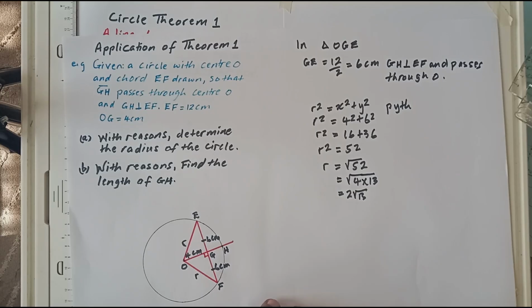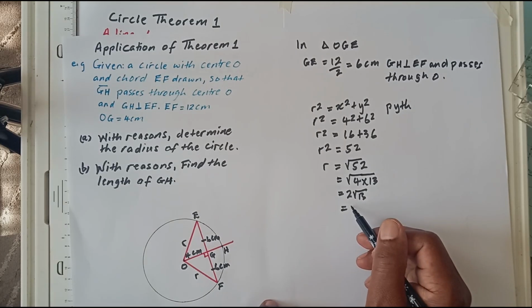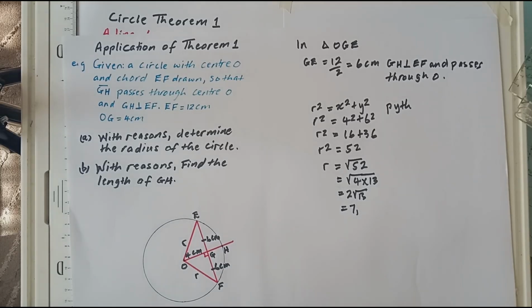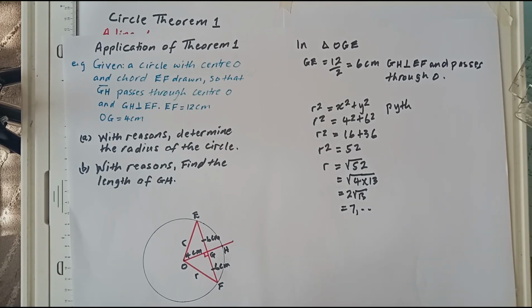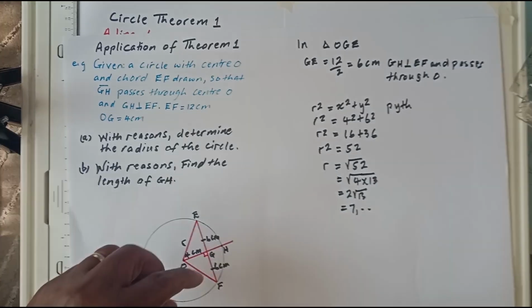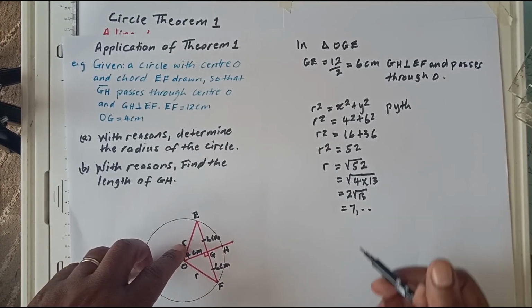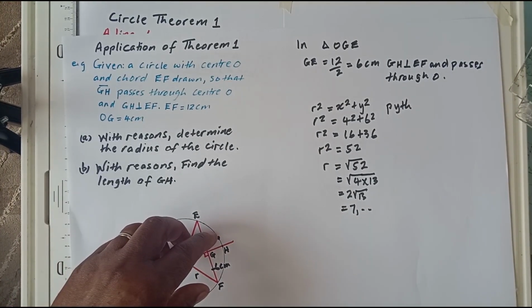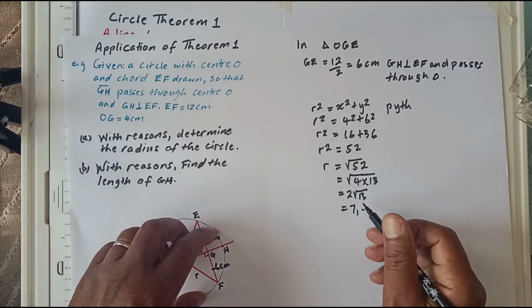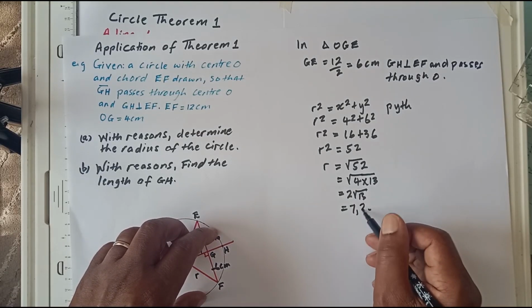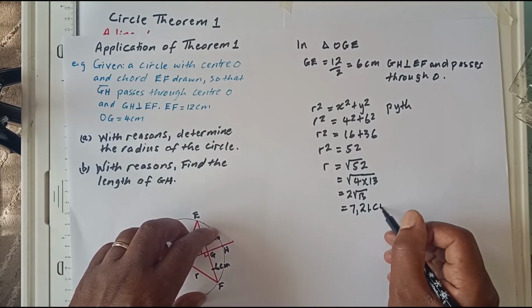Now, if we put it on our calculator, we can see that it's 7 point something. So we know the radius is equal to 7.21 centimeters.